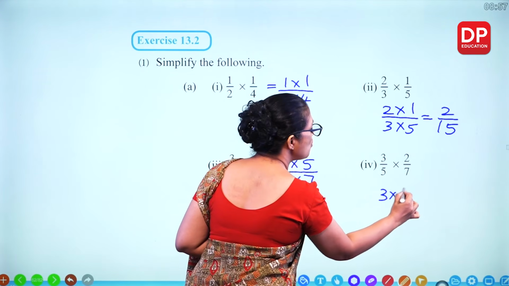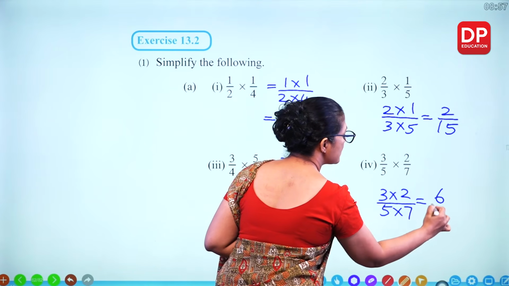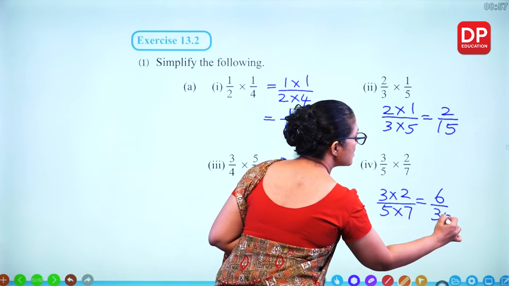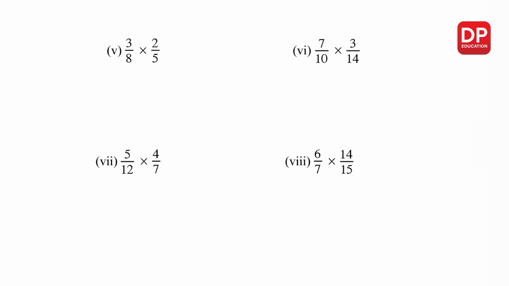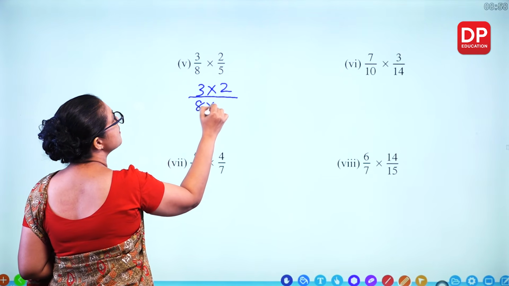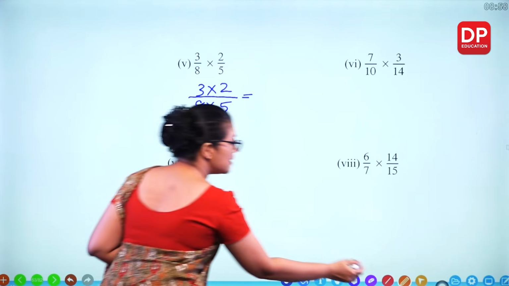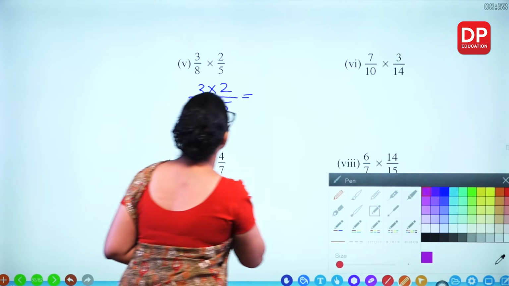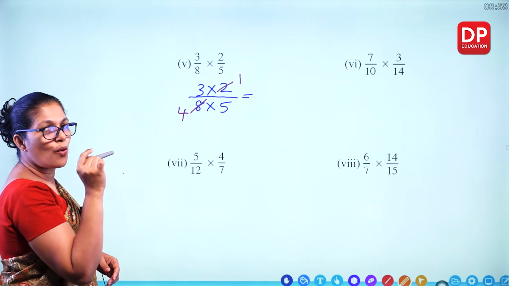3 times 2 over 5 times 7. So you get 6 over 35. This one fraction. So 3 times 2, multiply the numerator separately. You get here simplification. 2 times 1 and 2 times 4.